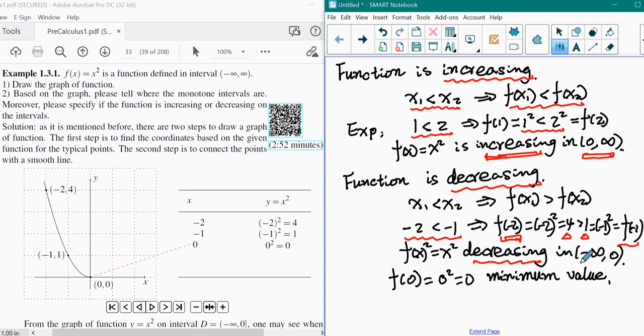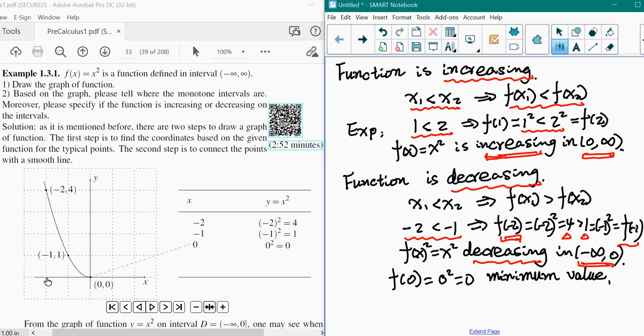So in this case, we have decreasing from -infinity to 0. From 0 all the way to the left, in this domain area on the x-axis, the height gets lower and lower when x goes from the left to the right.